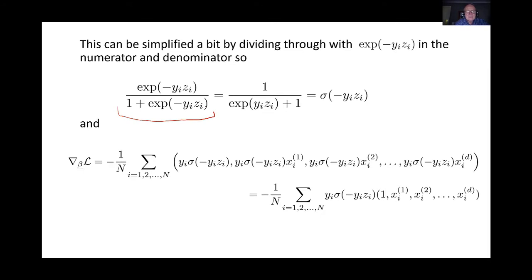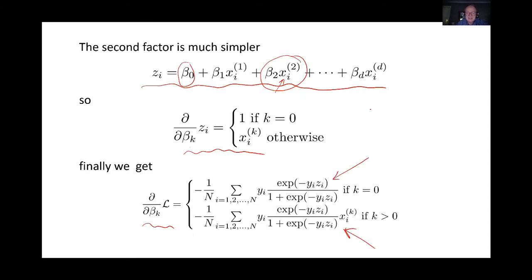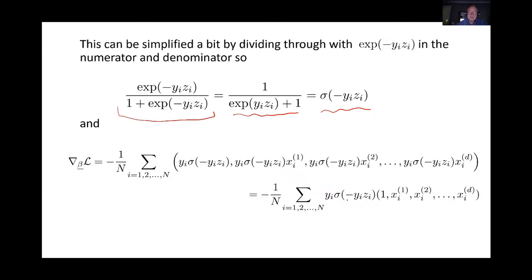You can take this expression here, you can divide it through by x minus yi times zi, then you're getting this thing here. So in fact, it's just sigma of minus yi times zi. So it's not that bad, and what you can see here is that this factor here is the same for all the k's here. So it's really not terribly bad.